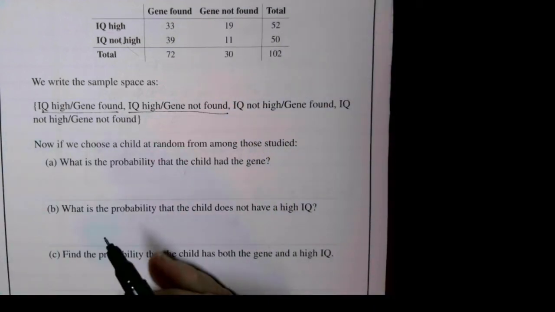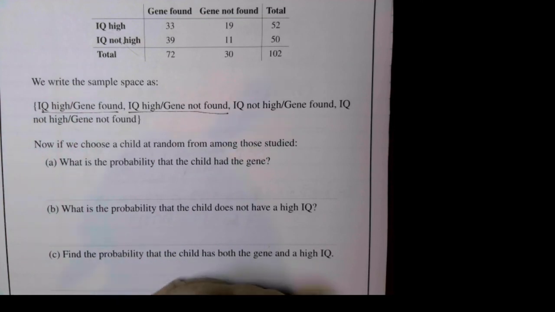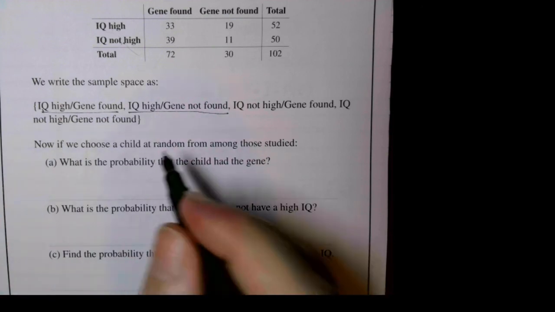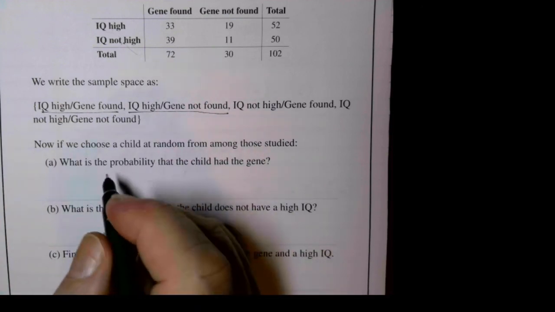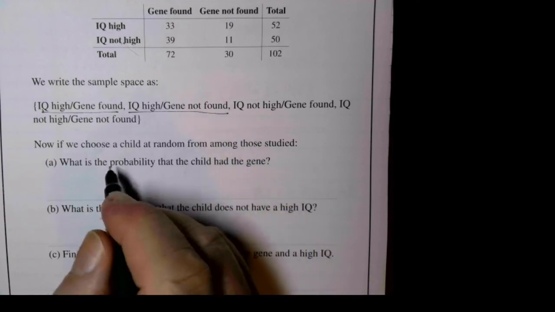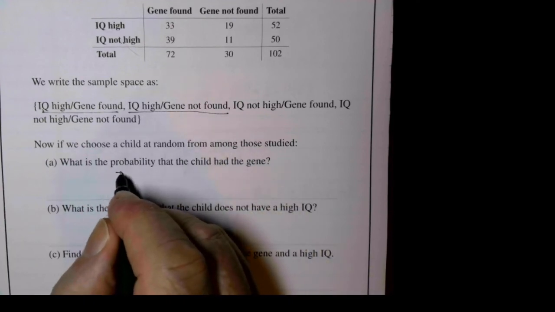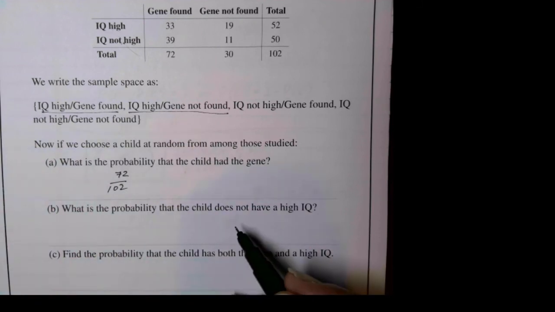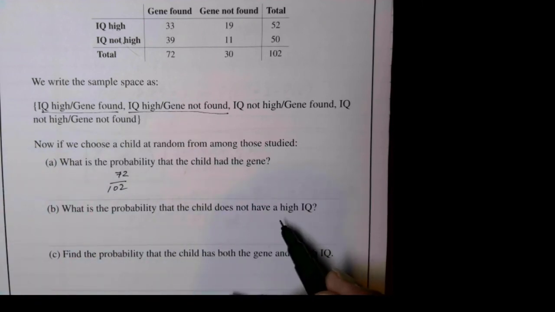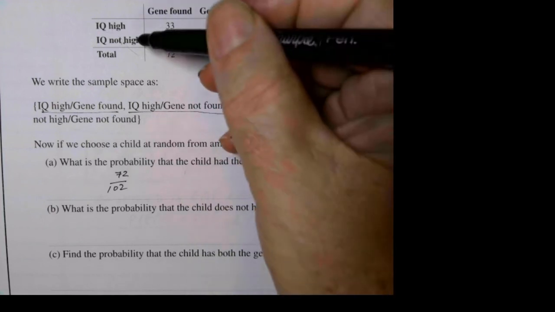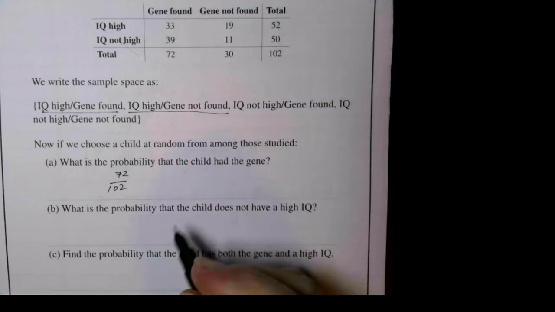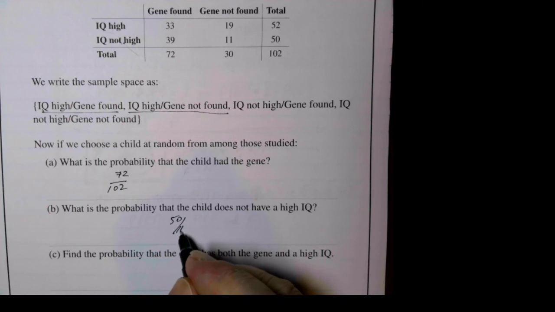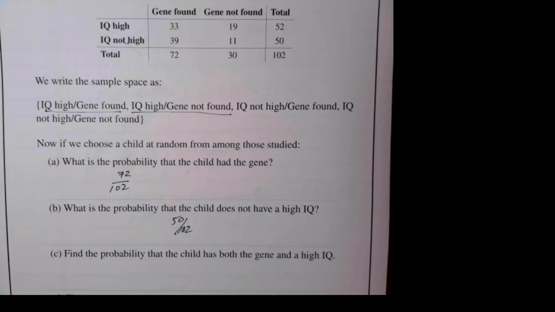So the empirical probability is the number of times the event was observed divided by the size of the sample studied. So the probability here is 72 out of 102. What is the probability the randomly chosen child does not have a high IQ? 50 children out of 102 did not have the high IQ, so that's 50 over 102.